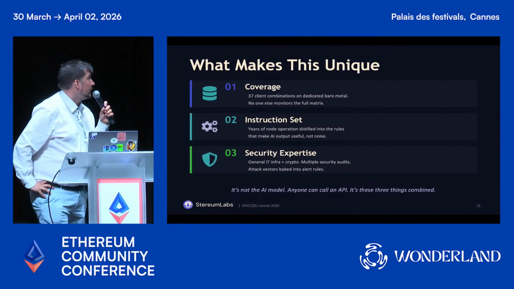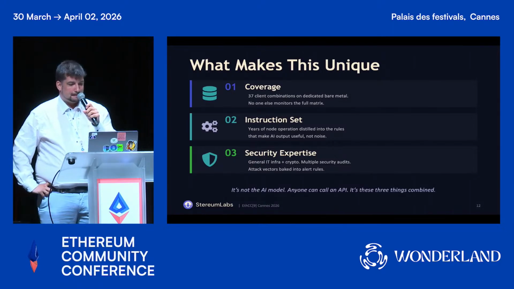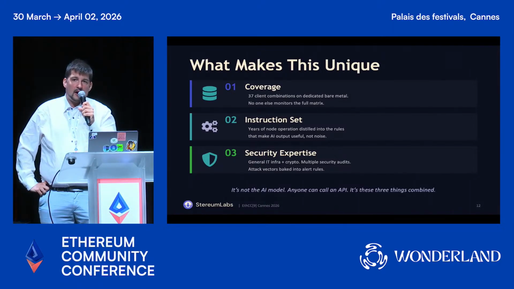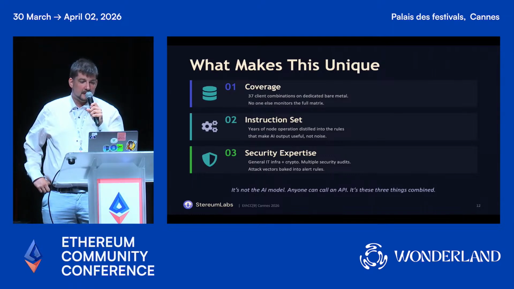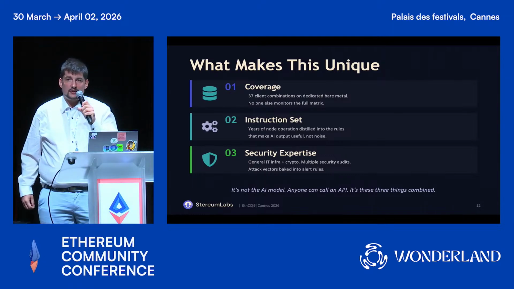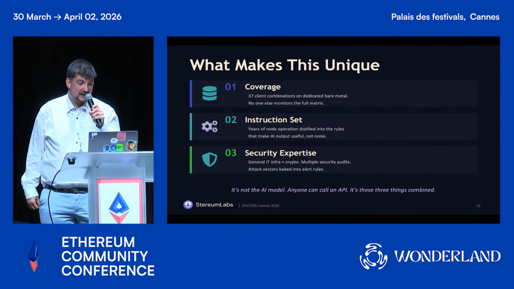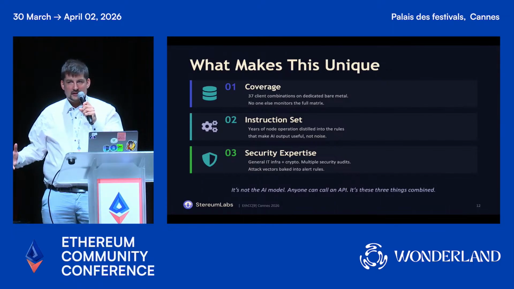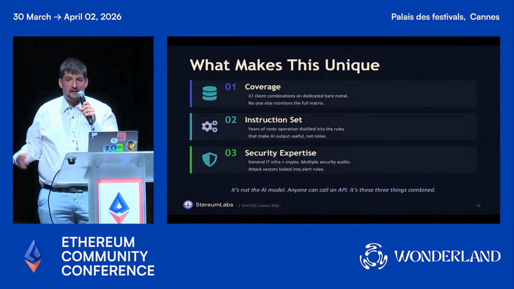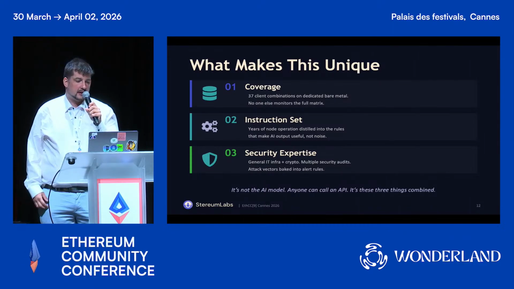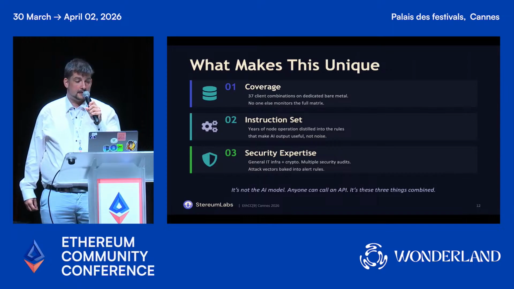So what makes this unique? Of course, the coverage. 37 client combinations, I think that's something nobody else is running currently, and we are monitoring and analyzing it, and we have historic data since September.